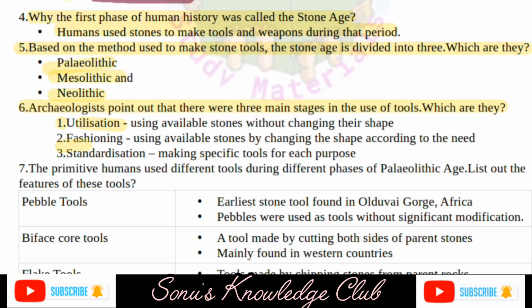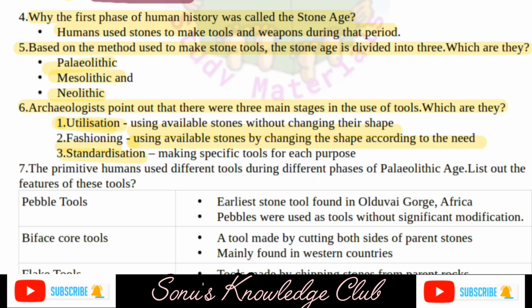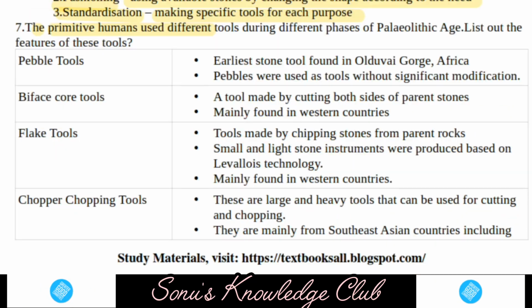Utilization, fashioning, standardization. Utilization: using available stones without changing their shape. Fashioning: using available stones by changing the shape according to the need. Standardization: making specific tools for each purpose.